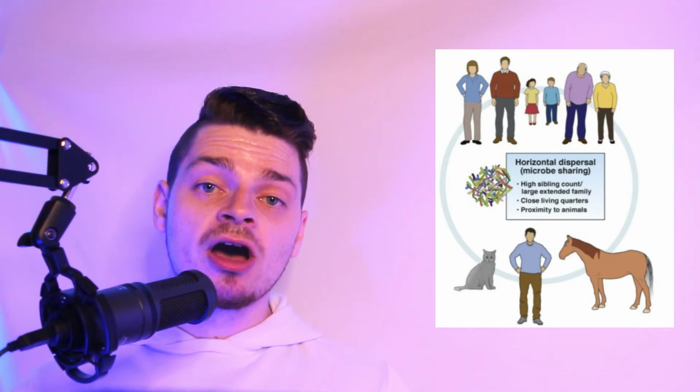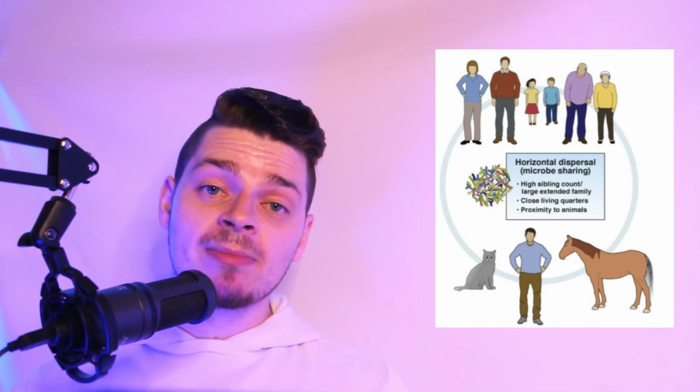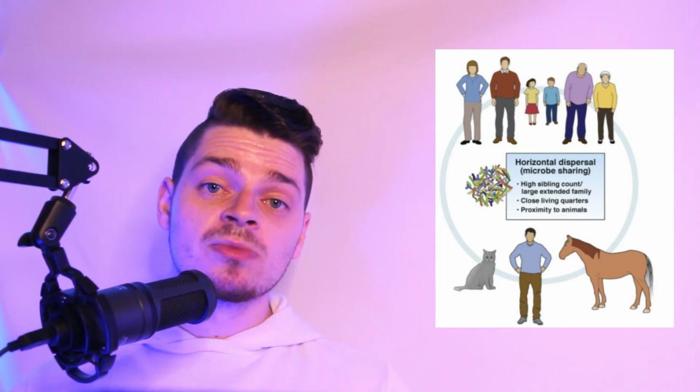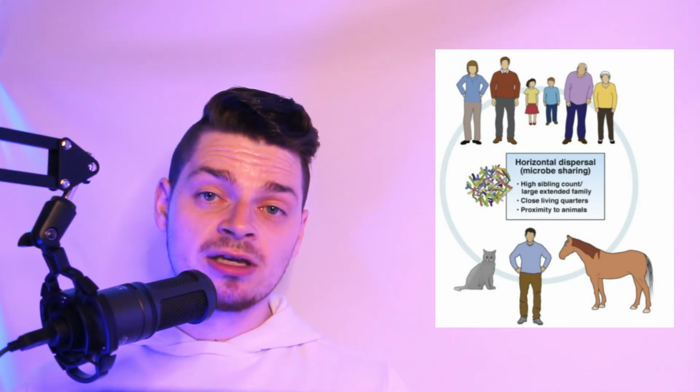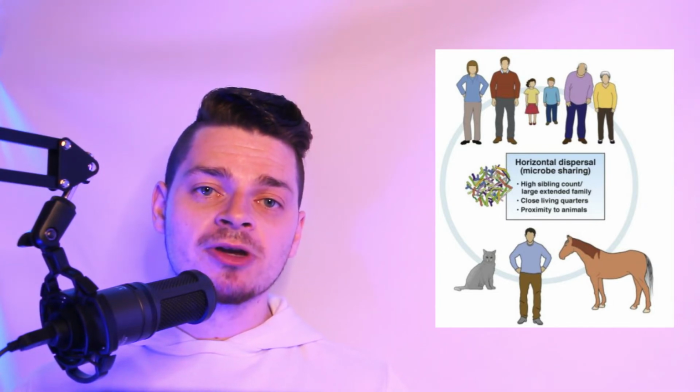Reads, quote, offspring often acquire horizontally transmitted microbes, not from a parent, but from a family member or any other organism in which they are in close contact with. For example, it has been reported that humans acquire microbes from their pets.